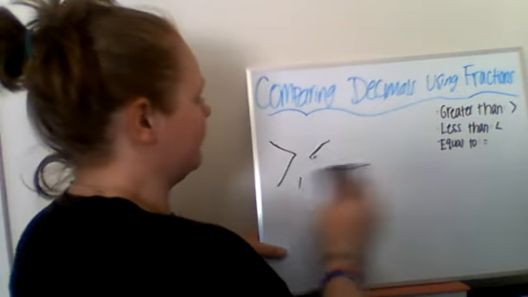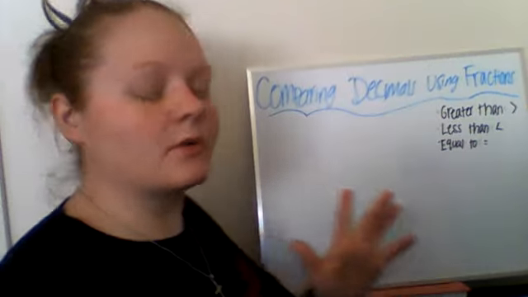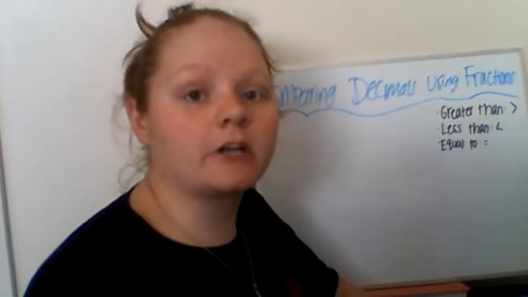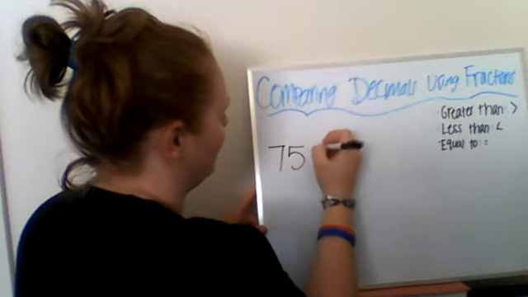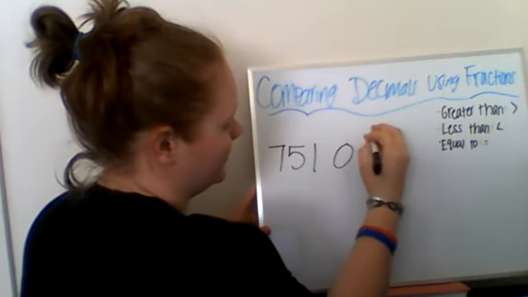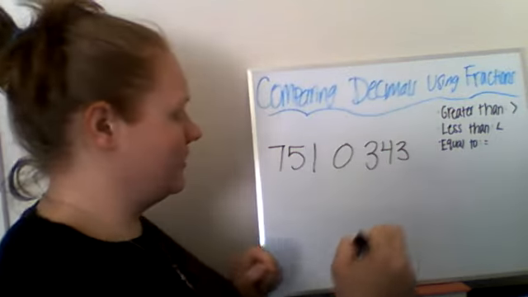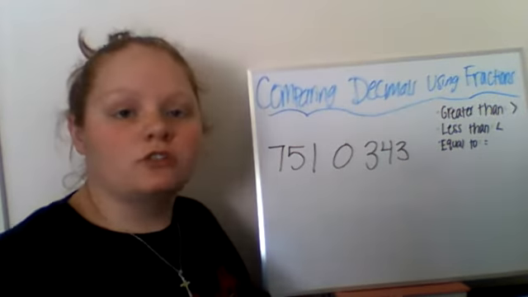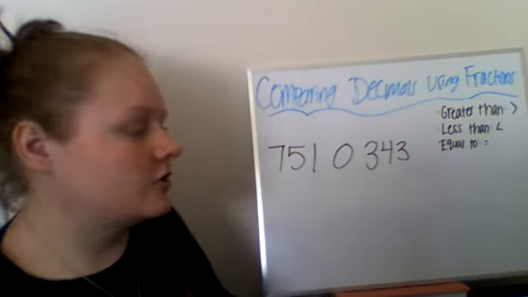So let's dive in. Let's do a quick review on comparing with whole numbers. If I give you the number 751, I want you to compare that to 343. What you're going to have to start doing is looking at each number that's in each place value.